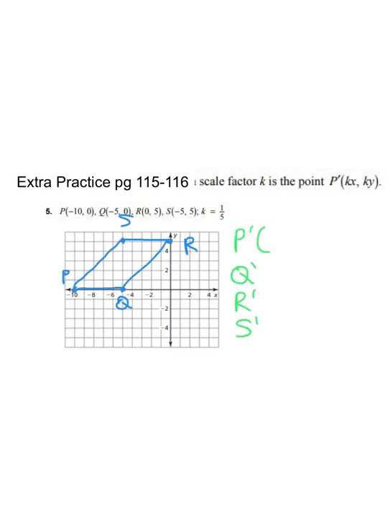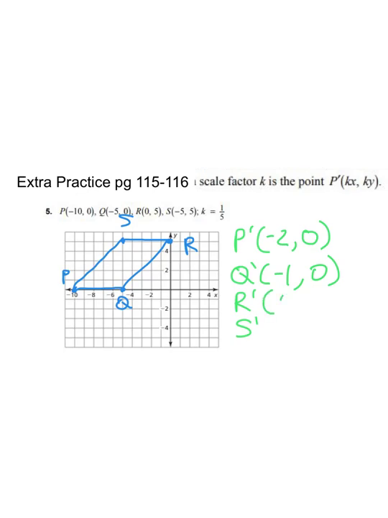All right, so here's what the original image should look like. Now I'm going to work on multiplying. So I got to take -10 and multiply it by 1/5. Really, that's the same thing as taking the -10 and dividing it by 5. Or feel free to grab your calculator. In this case, it's going to be -2, and then 1/5 times 0 is 0. For Q, -5 times 1/5 is -1, and then we get 0 for the second value.